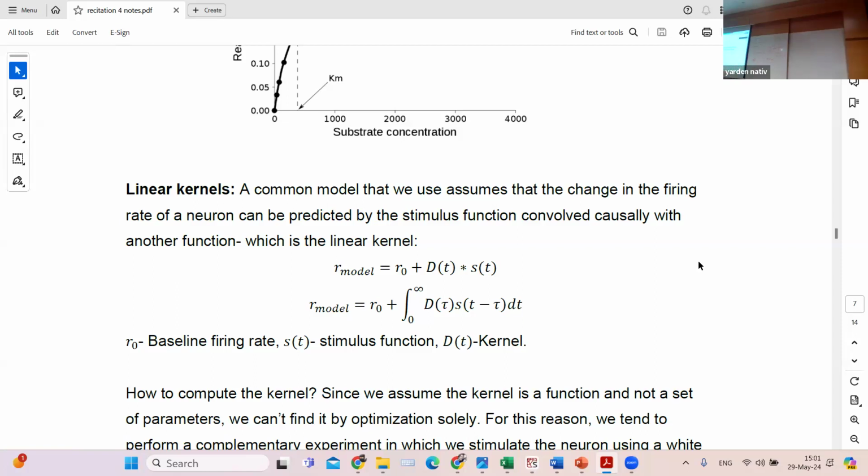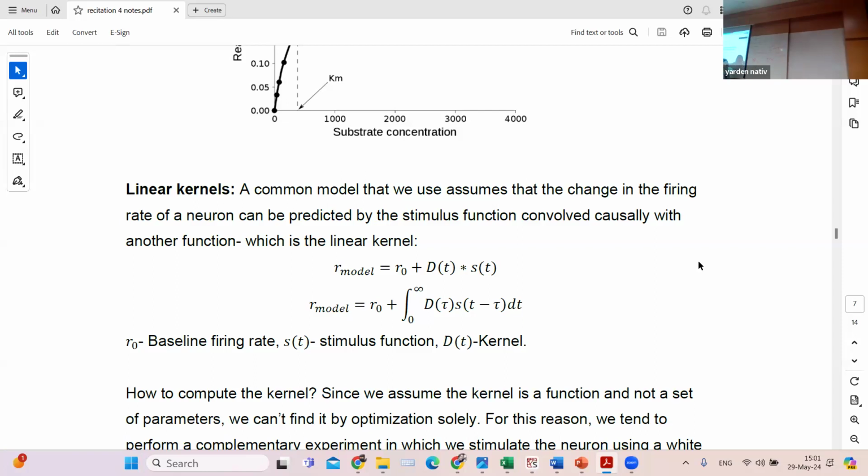Okay? So each neuron has its own baseline response, and if you show a stimulus, you can multiply it or convolve it with another function, right? And then when they are convolved, you have the prediction of the rate. Okay, is that clear so far?